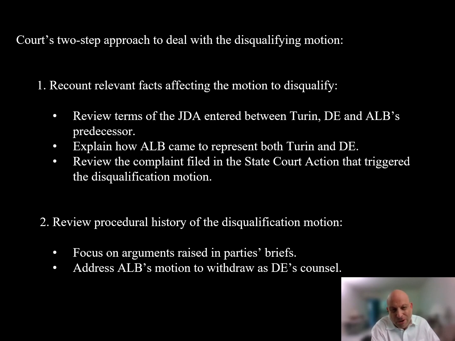And it's going to go into how ALB came to represent both Turin and Douglas Elliman, how it took over the representation from another firm, and how that's relevant. It's going to review the complaint filed in state court where Turin is suing Douglas Elliman and how that's relevant. It's going to review the procedural history of the disqualification motion, focus on the arguments, and address ALB's motion to withdraw.